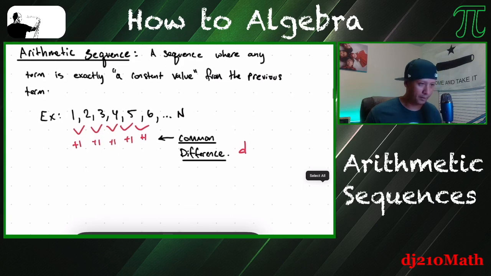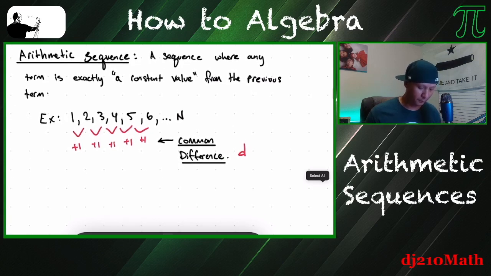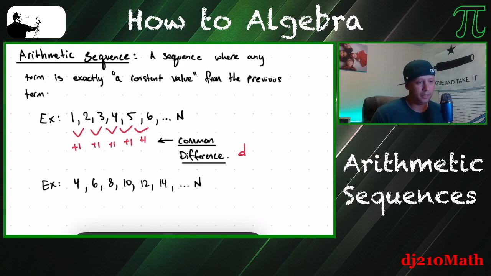All right. Moving right along. For instance, I'll give you another example. Again, here's a sequence, and the question is, is it an arithmetic sequence? Well, to determine if it's an arithmetic sequence, we have to see if the common difference between each term is the same. Between 4 and 6, the way we got to 6 from 4 is we added 2.